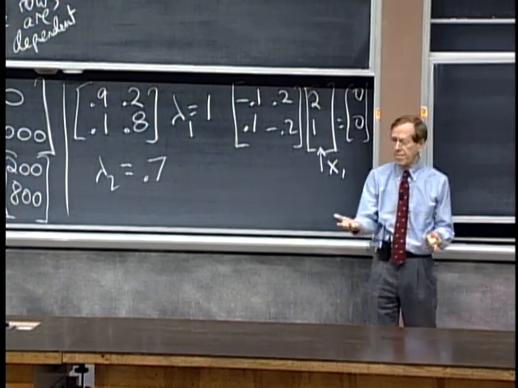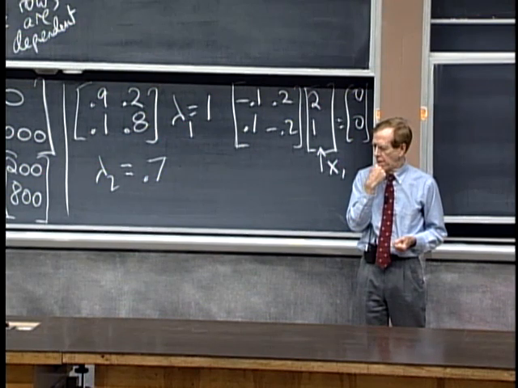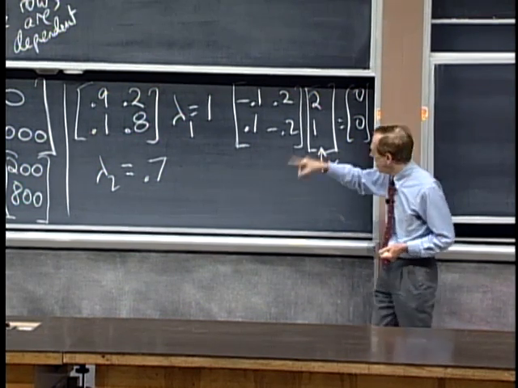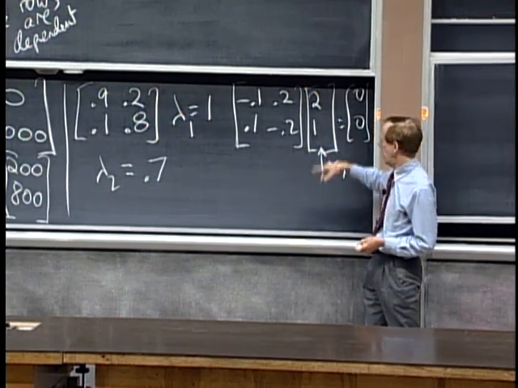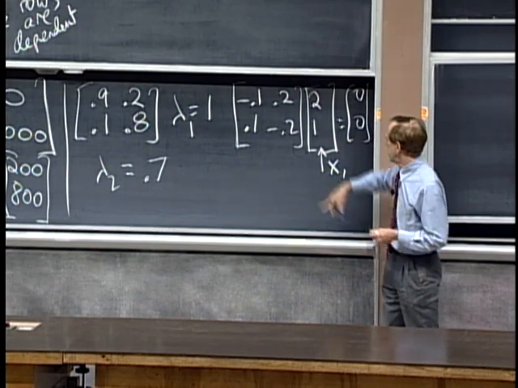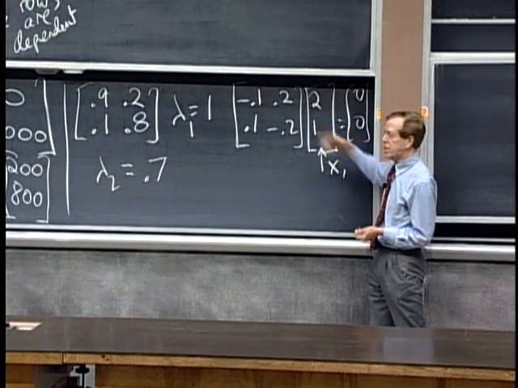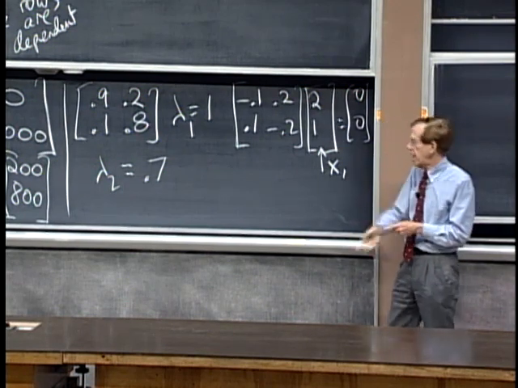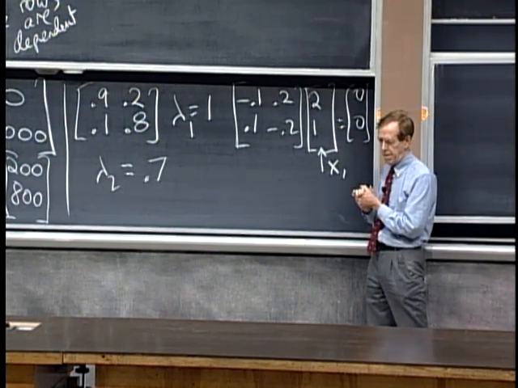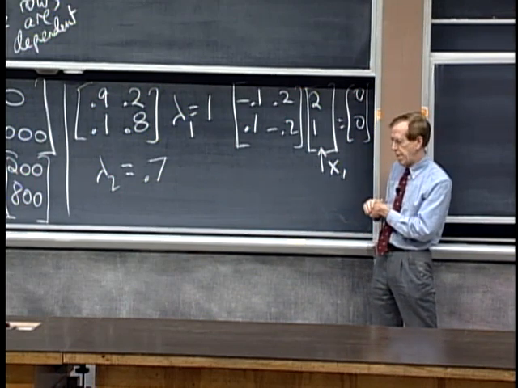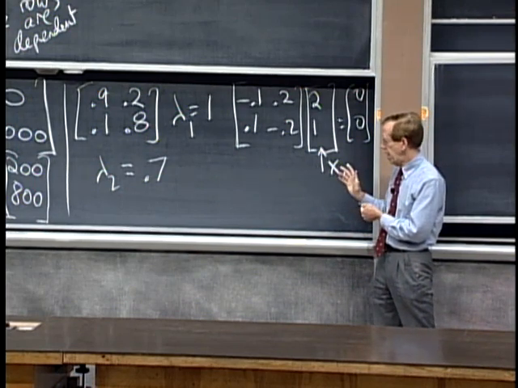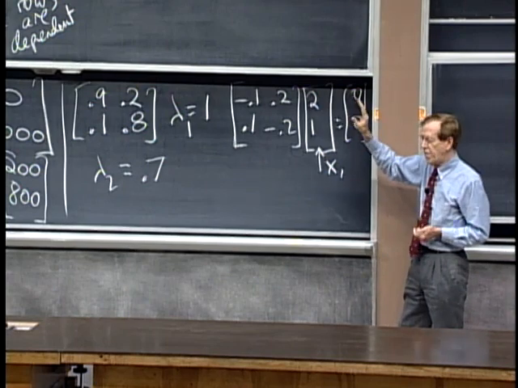By adding up to 1,000 people. The steady state, c1 x1, but x1 adds up to 3. So it's going to be 2/3 of 1,000 and 1/3 of 1,000, making a total of 1,000 people. That'll be the steady state. That's really all I need to know at infinity.